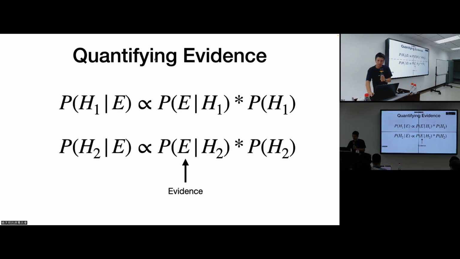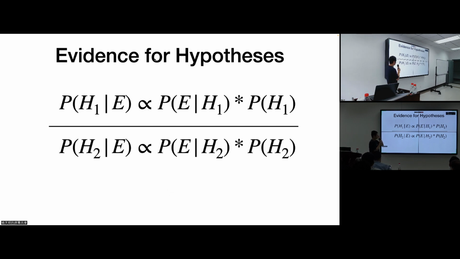So a natural way to compare is that we can just compute the ratio between these two. When the ratio is larger than 1, the top probability is larger. If it's smaller than 1, the bottom probability is larger. And you may ask why we want to compute the right side of this instead of the left side.